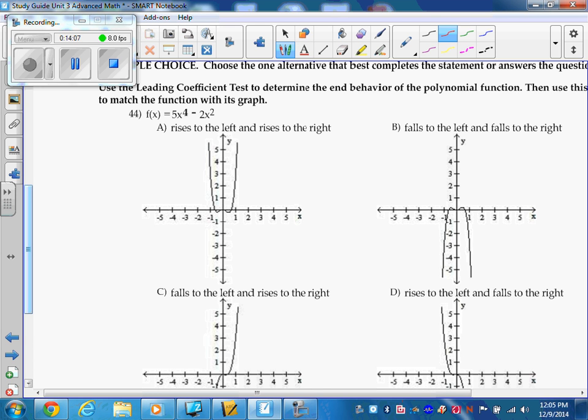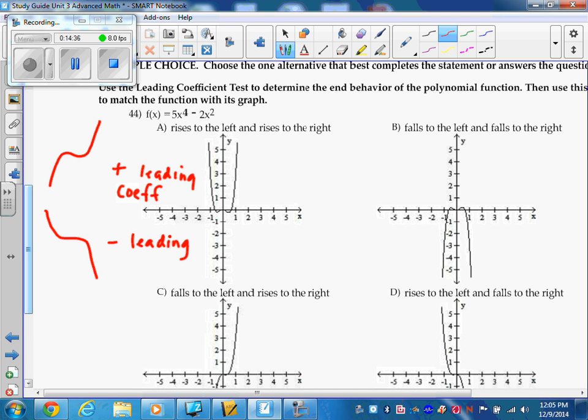If you have a negative leading coefficient, so here's kind of the review. This is a positive leading coefficient. This one would be a negative leading coefficient.